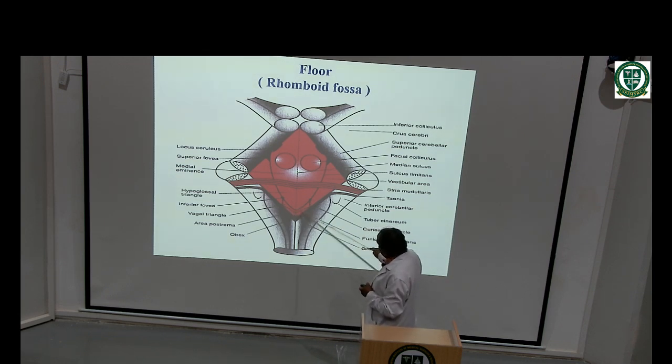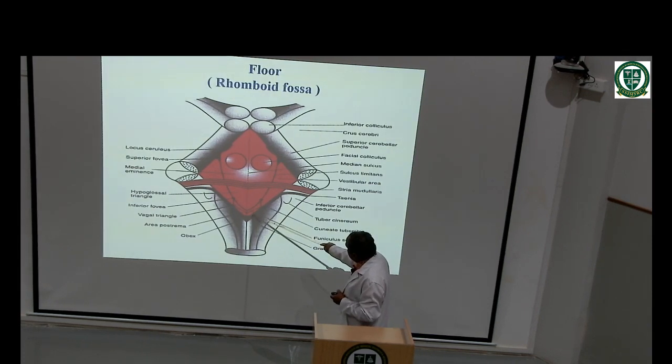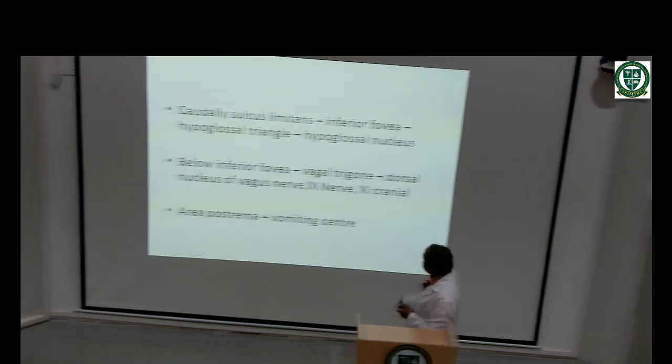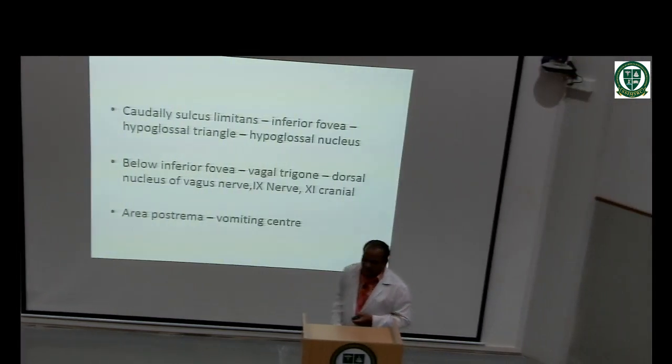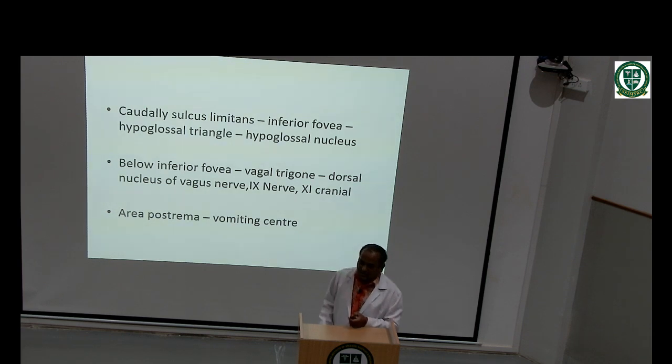This area postrema is present immediately above the gracile tubercle. In the area postrema you have the vomiting center, which is responsible for vomiting.